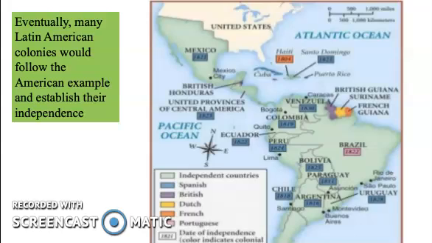And what this does is this starts to open up a whole new set of countries that are based on the ideals of our revolution.